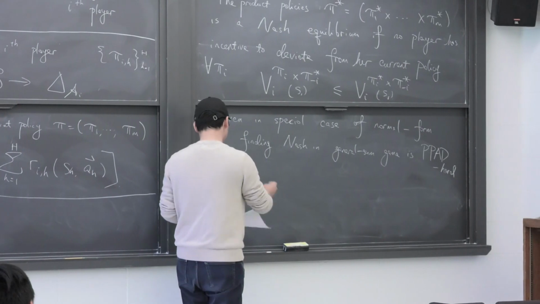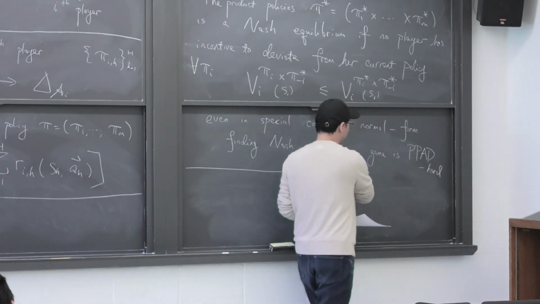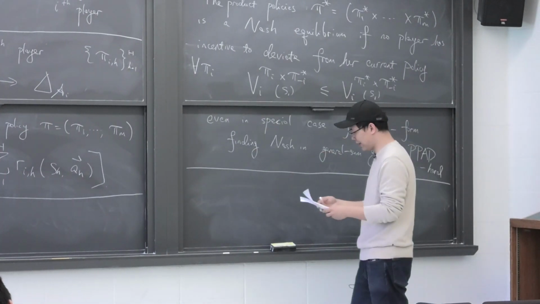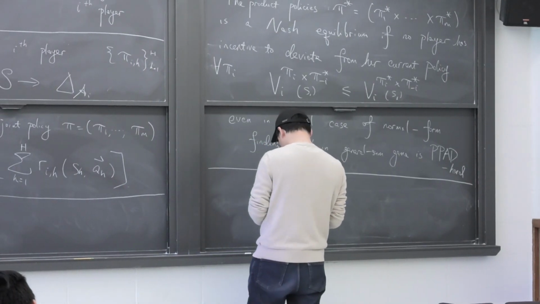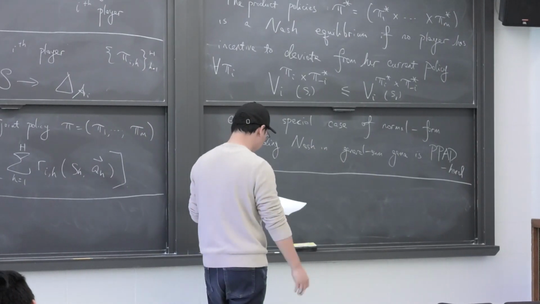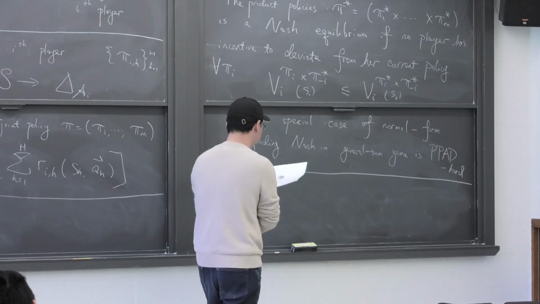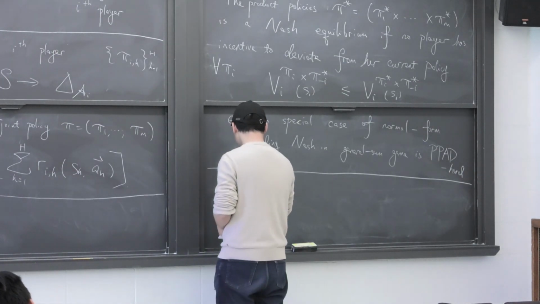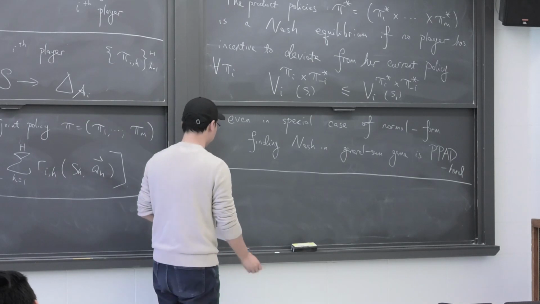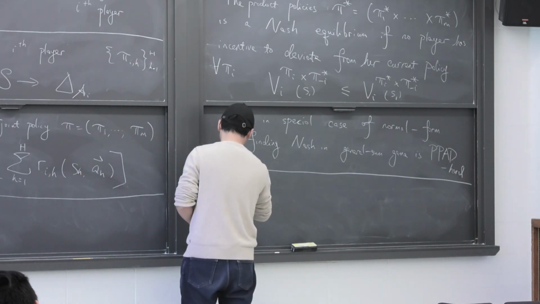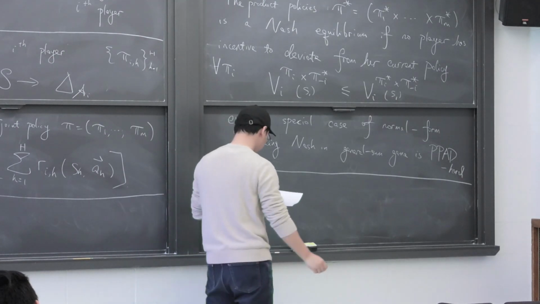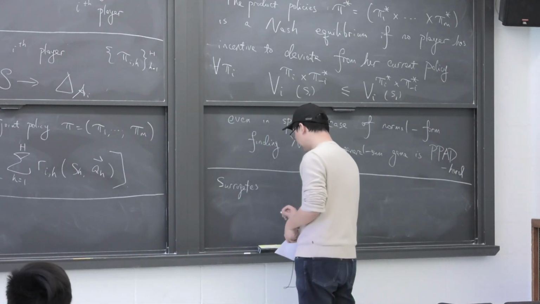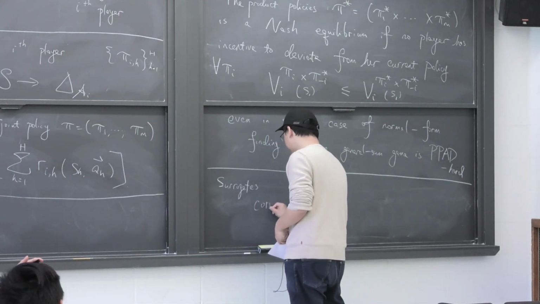So a lot of times we use some surrogate type of equilibrium. We already mentioned the concepts in the last lecture. That is, we will use the correlated equilibrium, or coarse correlated equilibrium. So there are some surrogates, like correlated equilibrium.